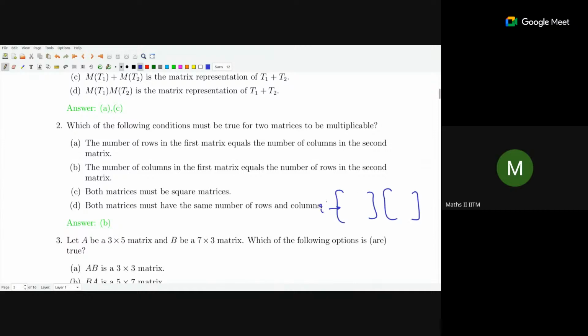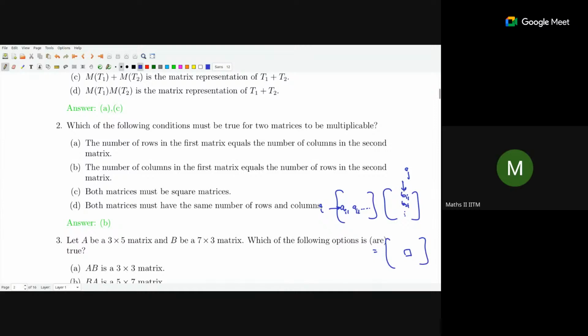So if you are multiplying the ith row with the jth column, for the resultant matrix's product, the i comma jth entry, you should take the ith row of the first matrix and the jth column of the second matrix. This will be Ai1, Ai2, and so on. This will be B1j, B2j, and so on.